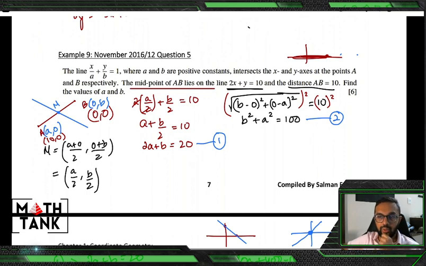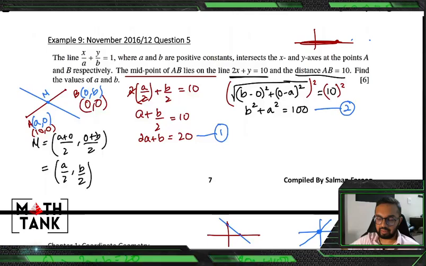When I talk about a particular form, what I'm basically saying is that it can give you some results directly. What are those results? Remember that the number below x is basically the x-intercept, and the number below y is the y-intercept. That is only true when you have equals 1, and even if you have a negative sign, then basically the y-intercept becomes negative. So the plus is not necessary, it's the equals 1 that's necessary.